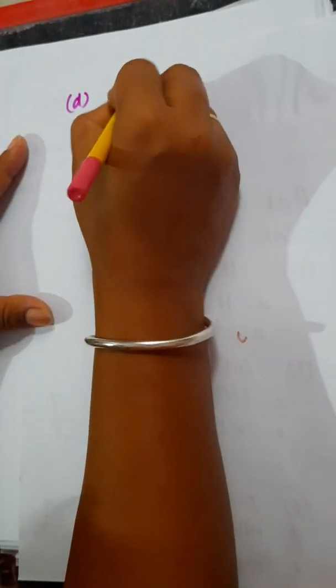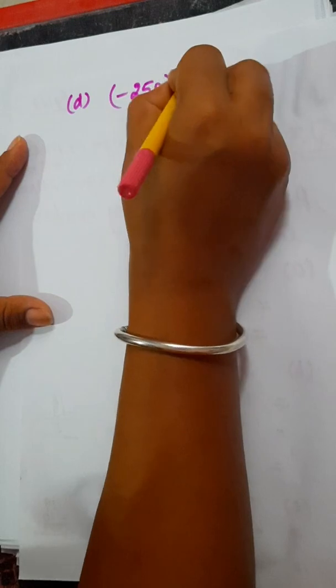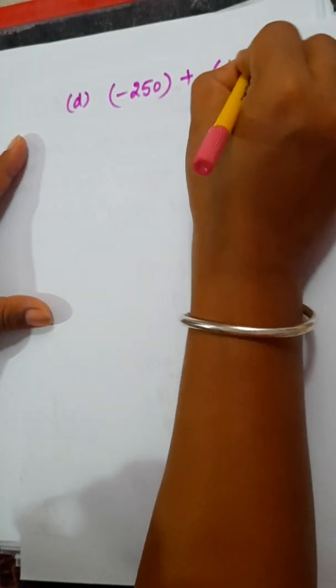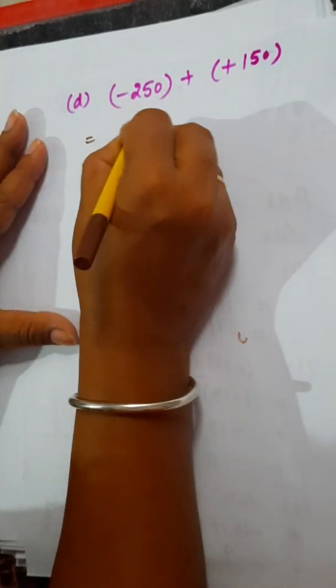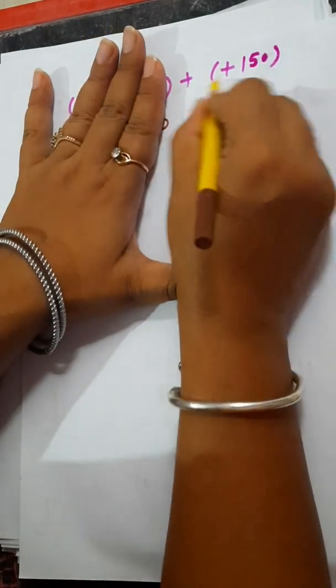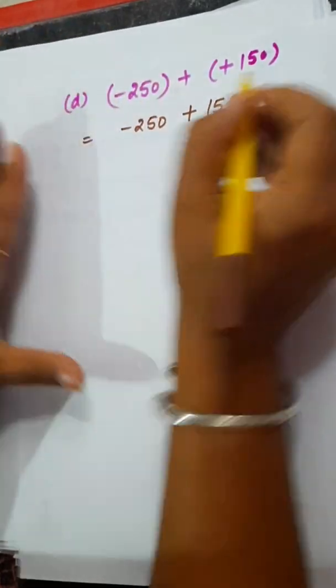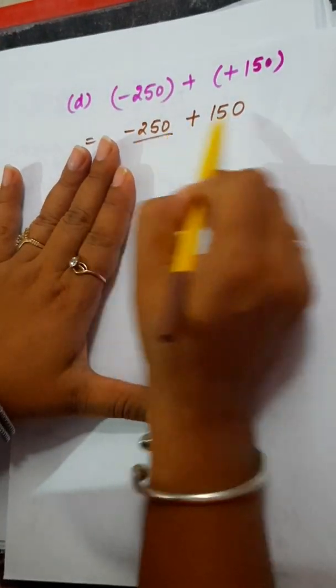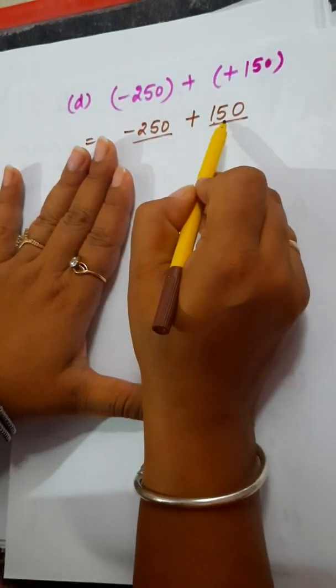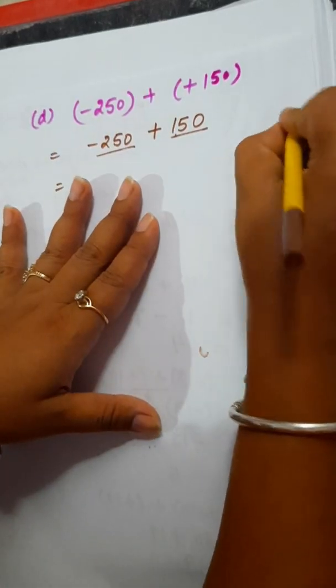D part is minus 250 plus 150. So here I will write this minus 250 as it is, then plus 150. Now this is negative, this is positive. Opposite integers are there, so what will I do? I will subtract.